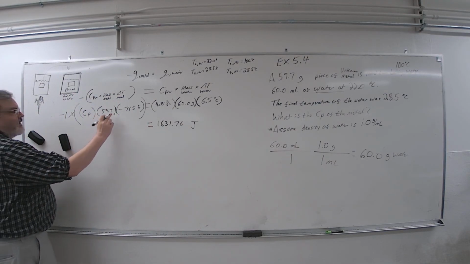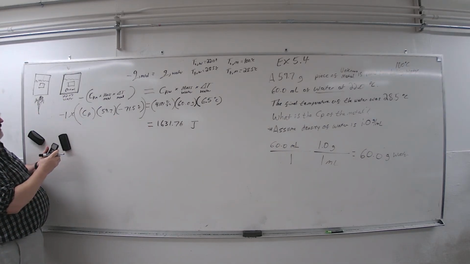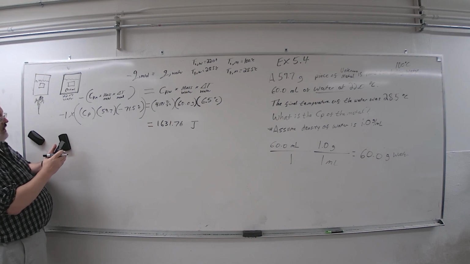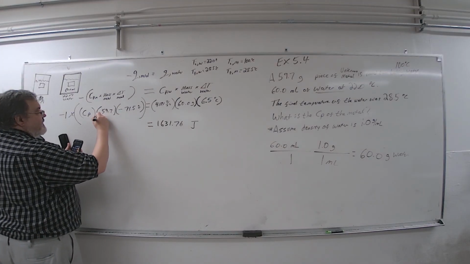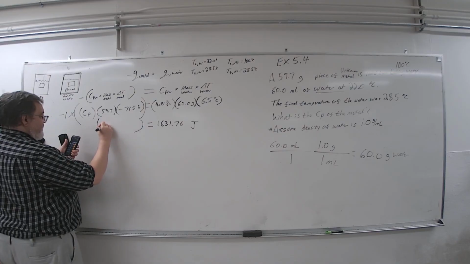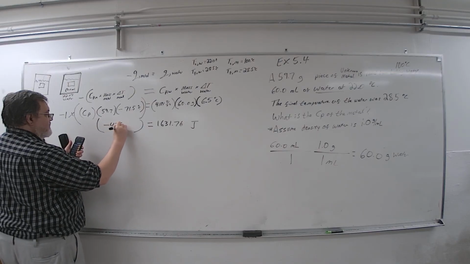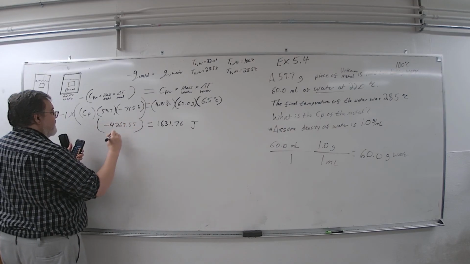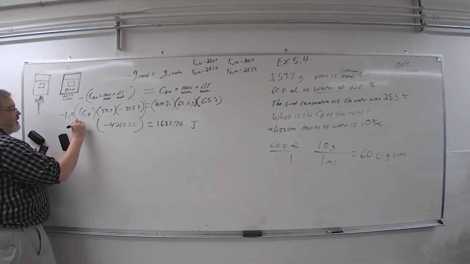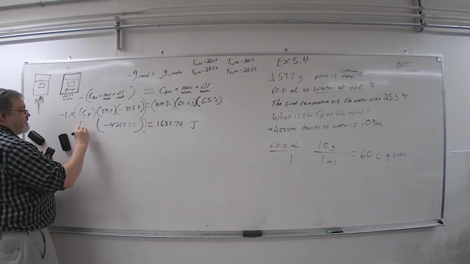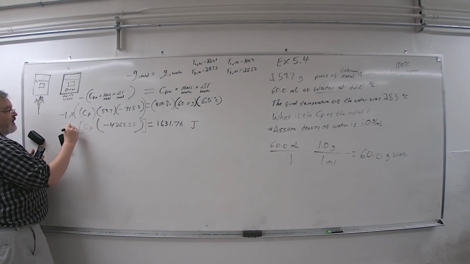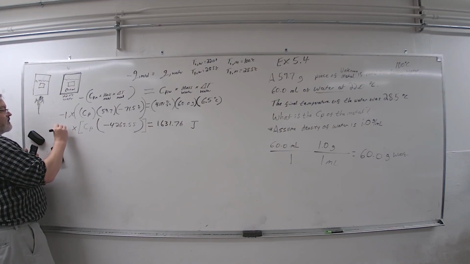And we can go ahead and multiply these things together. 59.7 times -71.5. So just these two give us -426.855. Times CP, so I'm bringing that down. Still, all of that needs to be times -1.